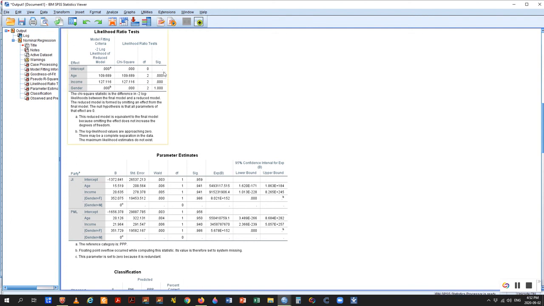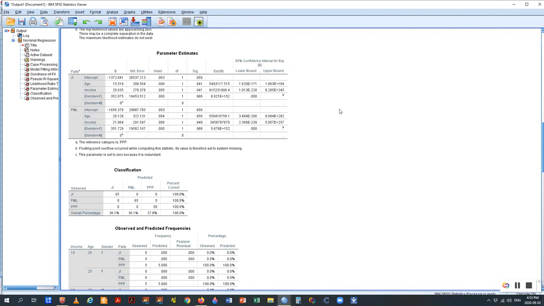So although age and income are significant, this is not a profound test because it's primarily designed for categorical variables, and gender is not a variable that either improves predictions or significantly predicts the outcome in the dependent variable.